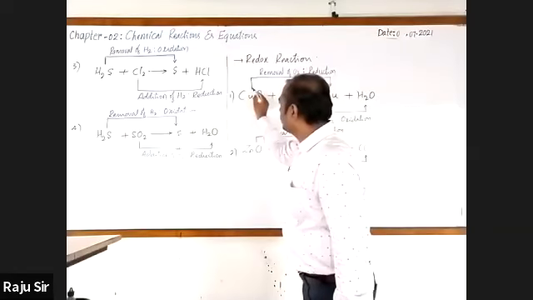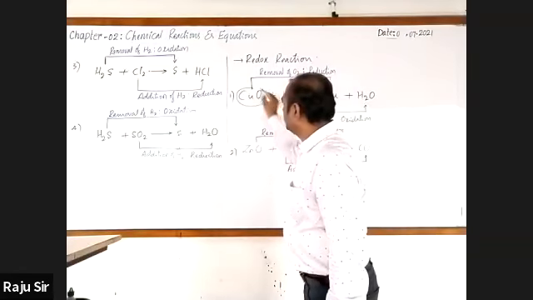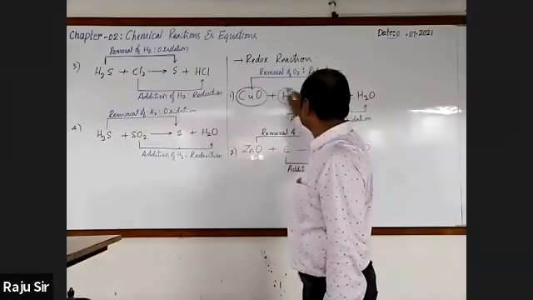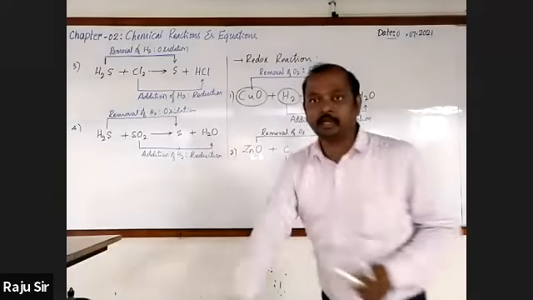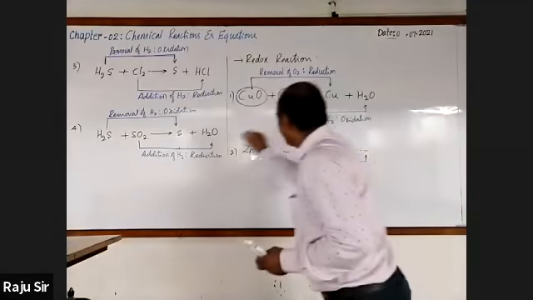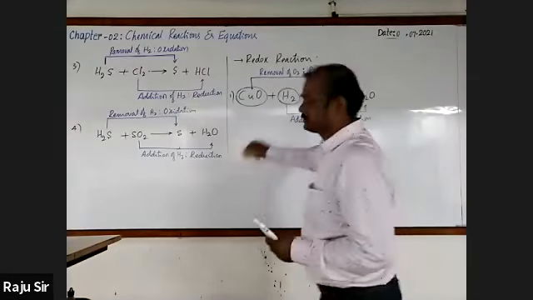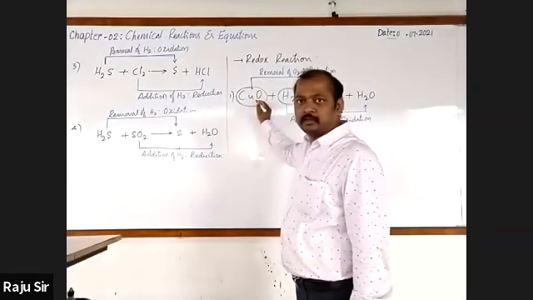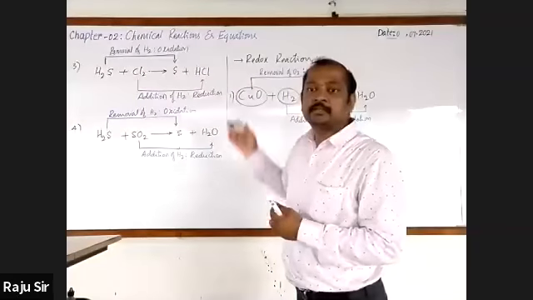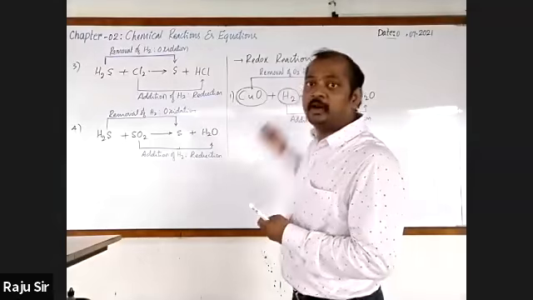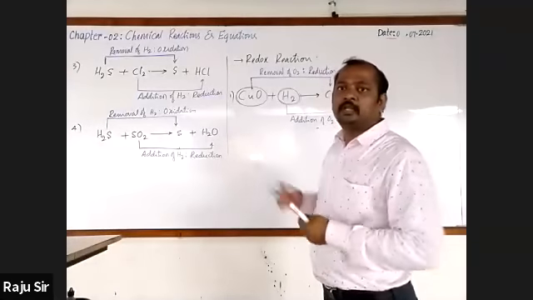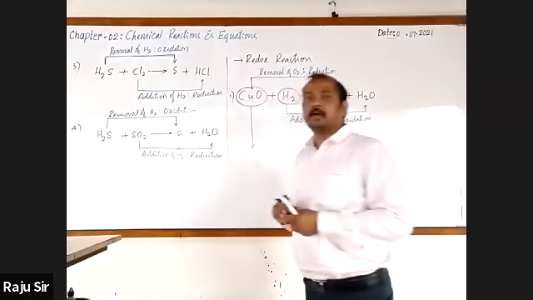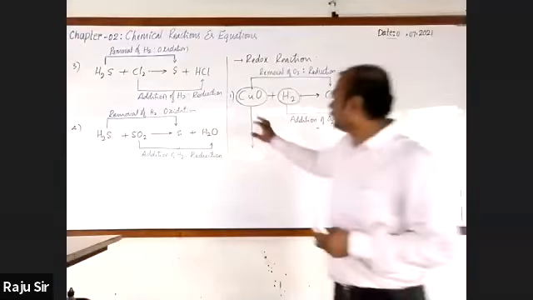Come to the first example. In the reactant side, we have copper oxide and hydrogen. Observe these two compounds. This is the compound having oxygen. If it has oxygen, it is ready to donate the oxygen. What do you call such a compound?